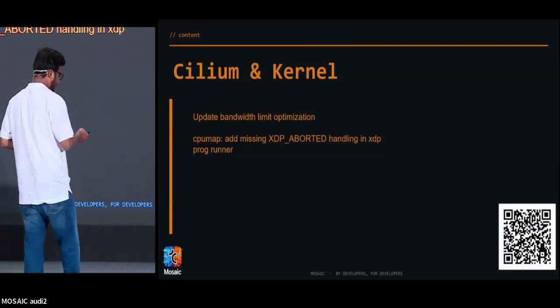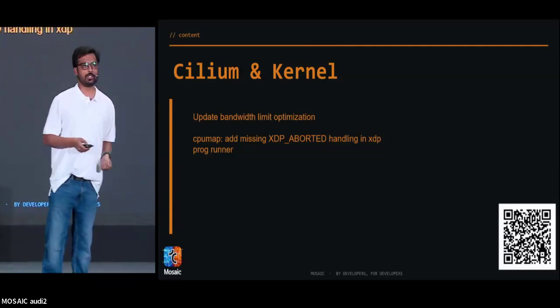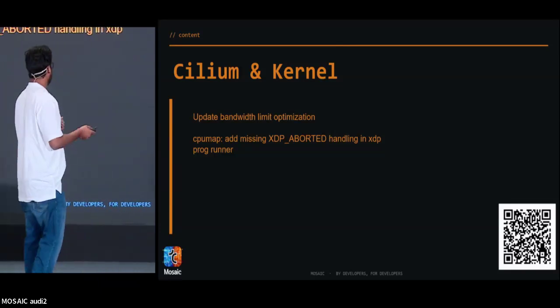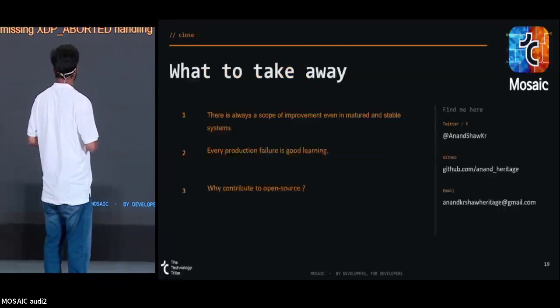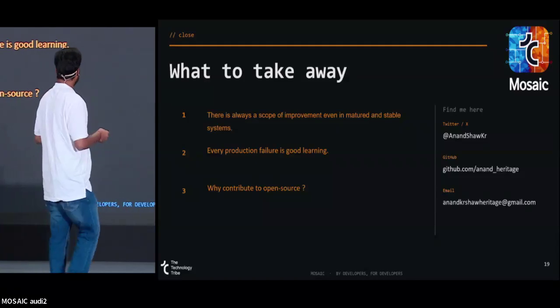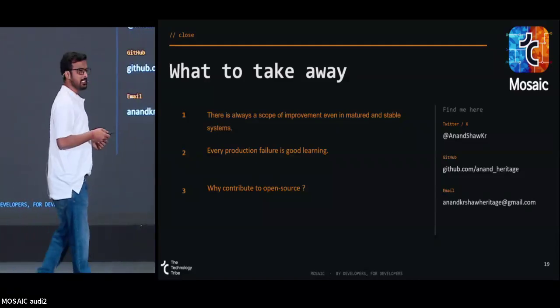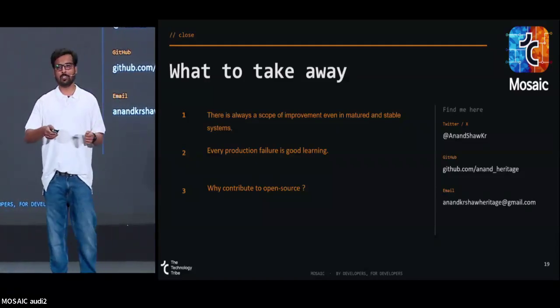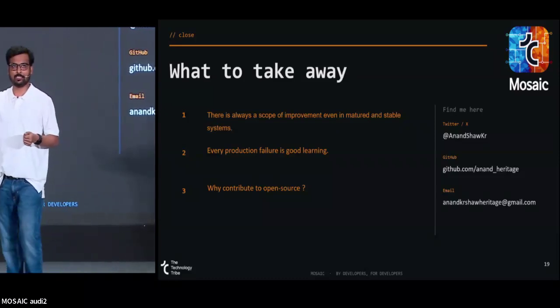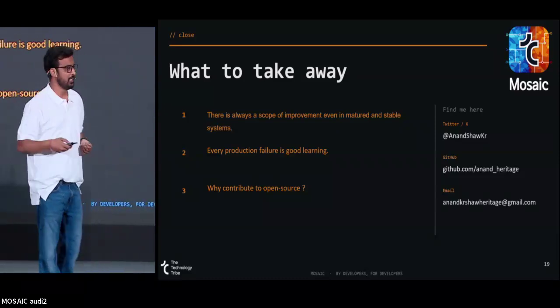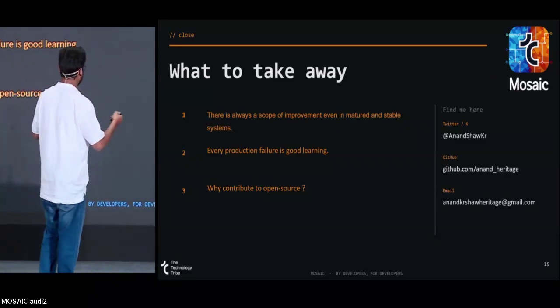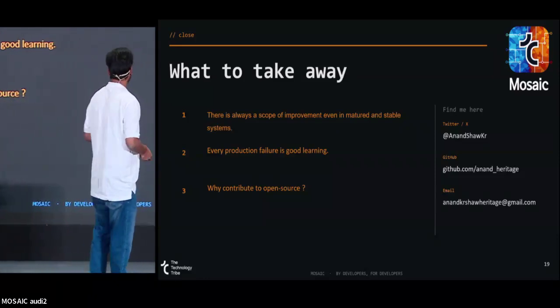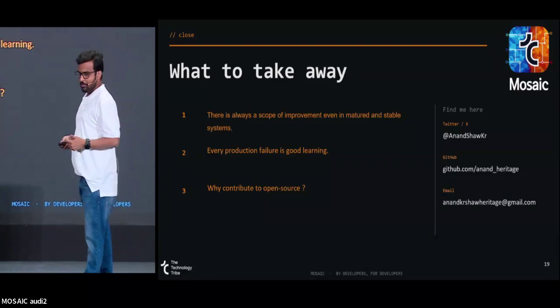Overall, this is how the journey that started with Apache Pinot, then Roaring Bitmap, and then Cilium and the kernel looks. What are the major takeaways? There is always scope for improvement in any system, even though it is matured with decades of development. We can always go and make changes or improve it. We failed in production.